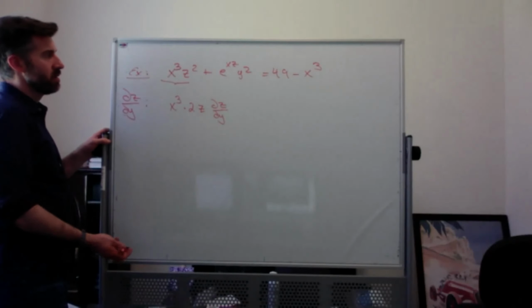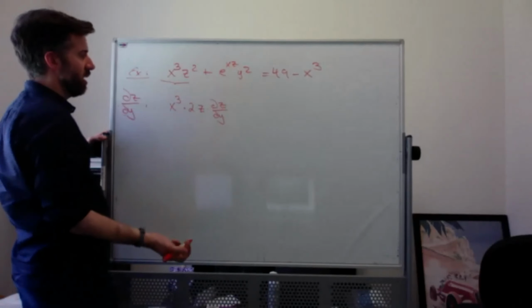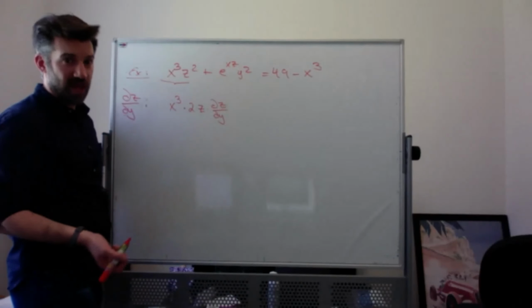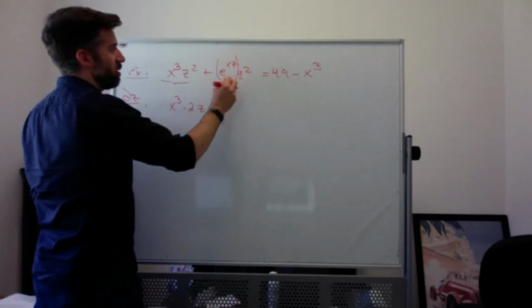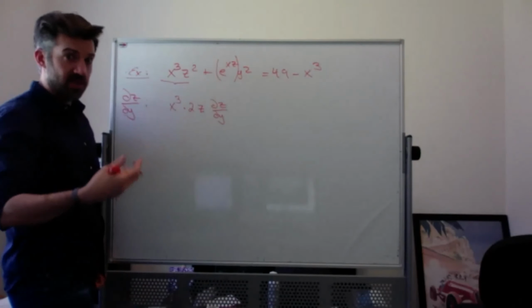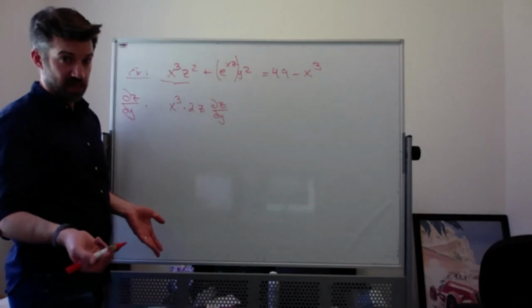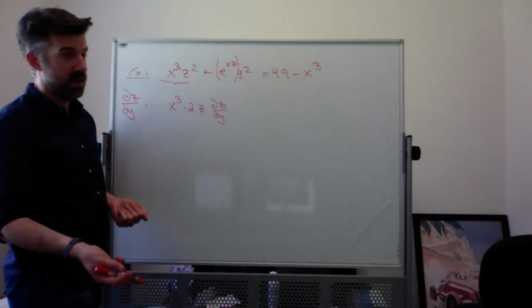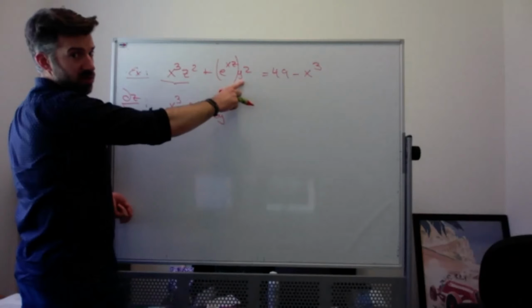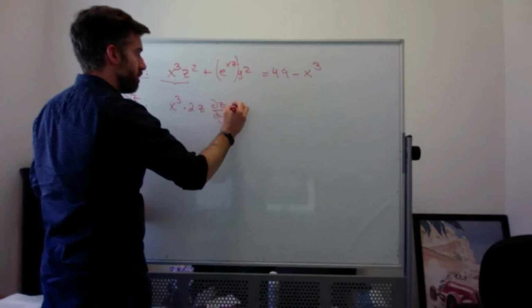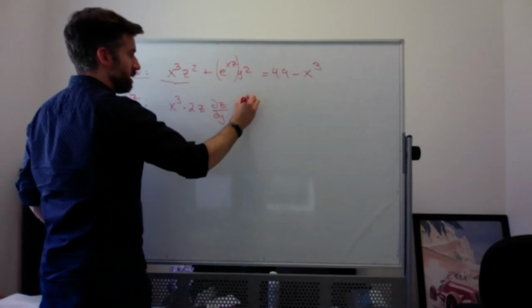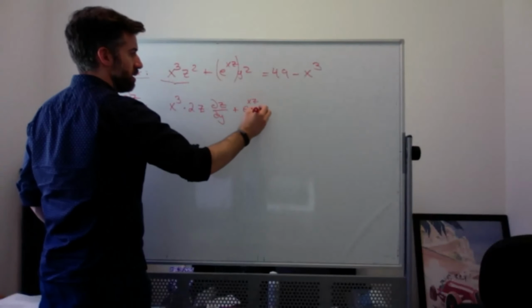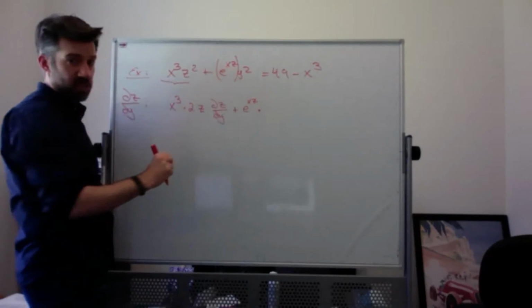For e to the xz times y squared, now I am going to have to use the product rule, because e to the xz is a function of y, since there's a z in it and z is a function of x and y, and y squared is also a function of y. So the derivative of e to the xz is e to the xz times the derivative of xz.